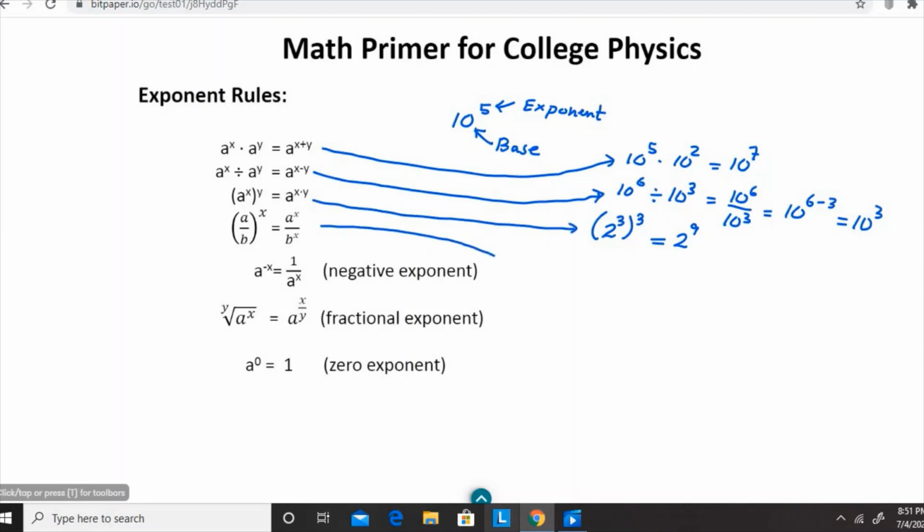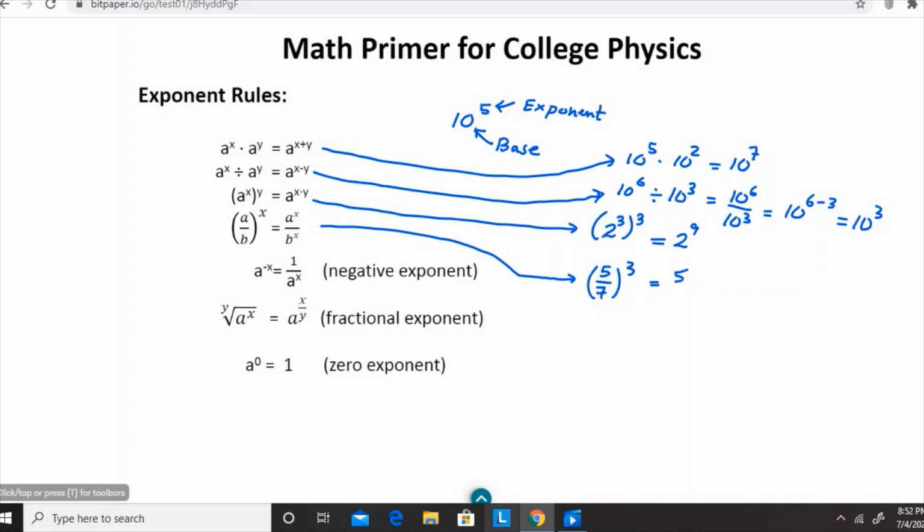So the next one, let's look at this one. So you have (a over b) raised to the power x, and the exponent simply is distributed for the numerator as well as for the denominator. Now you can see the bases are different in this case. So let's take an example like this, 5 over 7, all raised to the power 3, and then you are distributing the exponent in the numerator as well as the denominator.